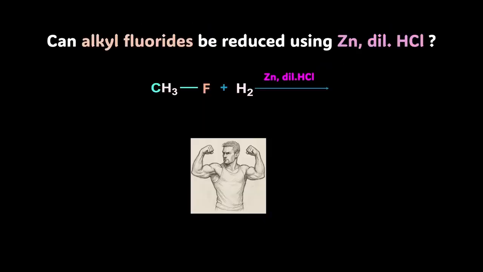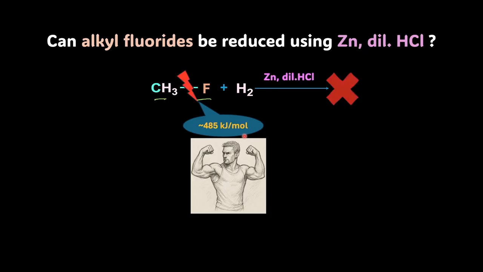Well, turns out that this CF bond is very strong, and since it is very strong, cleaving this is very difficult, as the bond dissociation enthalpy of carbon fluorine bond is 485 kilojoule per mole approximately, which is quite high. So yes, if you're taking alkyl fluorides, you will not end up getting the alkanes that you desired.